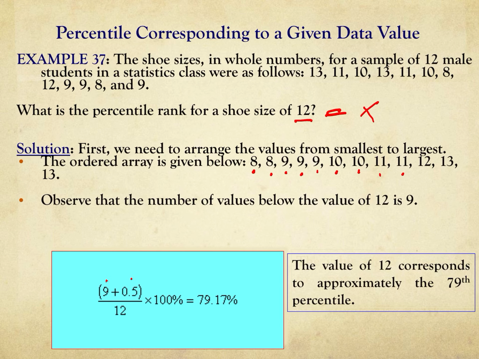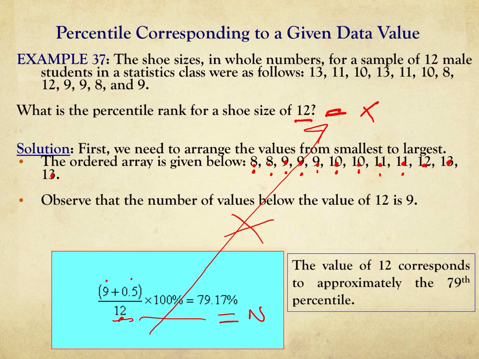And remember, the value 12 here is not the same as this one. The value 12 here is your n, meaning the number of observations in the data set. If you count, we'll say 1, 2, 3, 4, 5, 6, 7, 8, 9, 10, 11, 12.